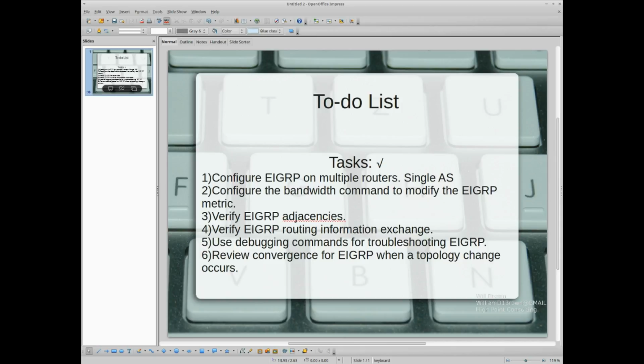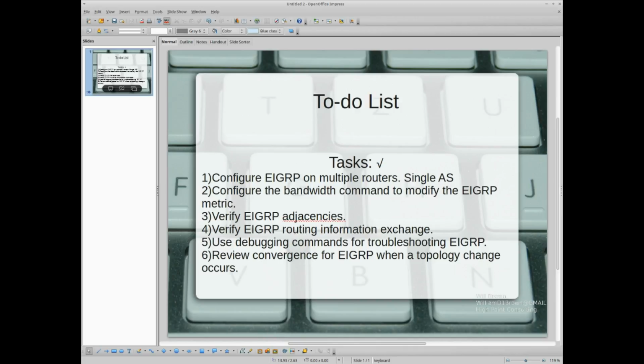We'll look at how configuring the bandwidth modifies the EIGRP metric that is the result of the DUAL calculations, verify EIGRP adjacencies, look at the routing information that's exchanged, and turn on the debug commands.